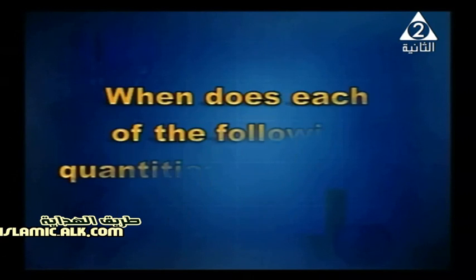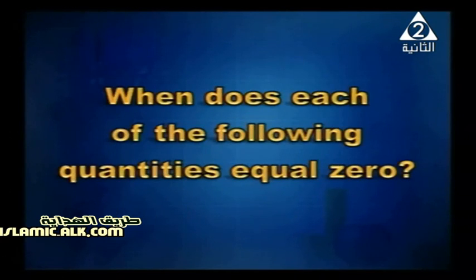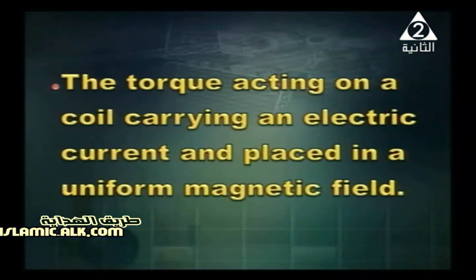Another type of questions: when does each of the following quantities equal 0? The torque acting on a coil carrying an electric current and placed in a uniform magnetic field.